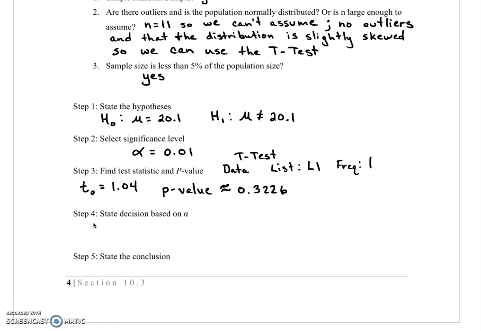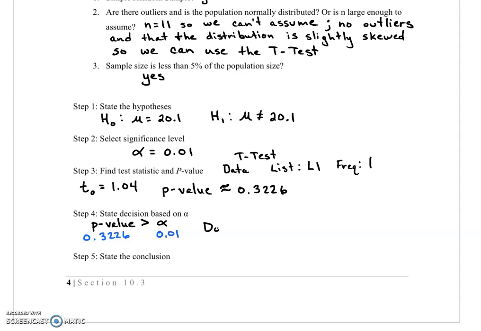So state the decision. P-value is definitely bigger than alpha because the p-value is 0.3226 and alpha is 0.01.